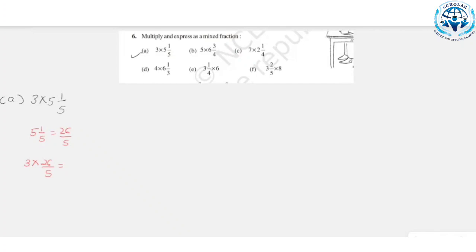Now 3 into 26 by 5 is equal to 78 by 5. 26 into 3 is 78. In the form of a mixed fraction, it is 15 3 by 5.